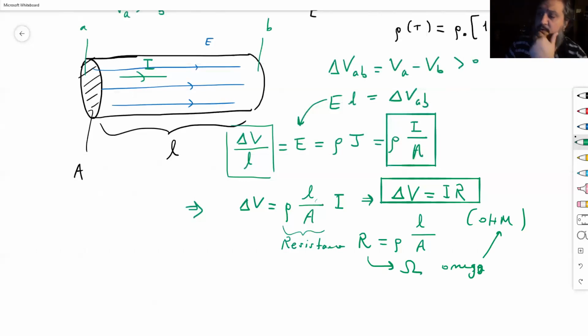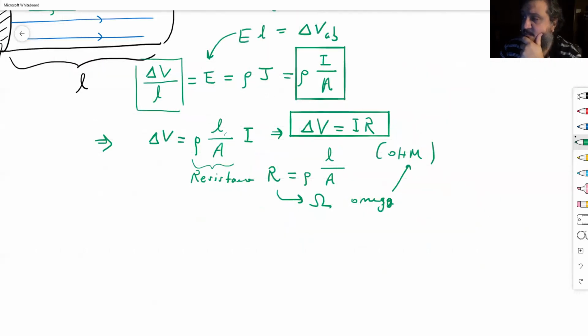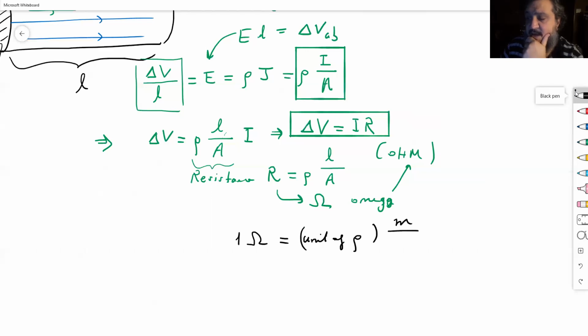What about the unit for rho? Now use this equation to determine the unit for rho, right? You have 1 ohm on the left-hand side, let's say. Now the unit of resistivity, rho, times L, that would be in meters. A, that would be meters squared, square meters. Therefore, the unit of resistivity, this cancels that, is ohms times meters.